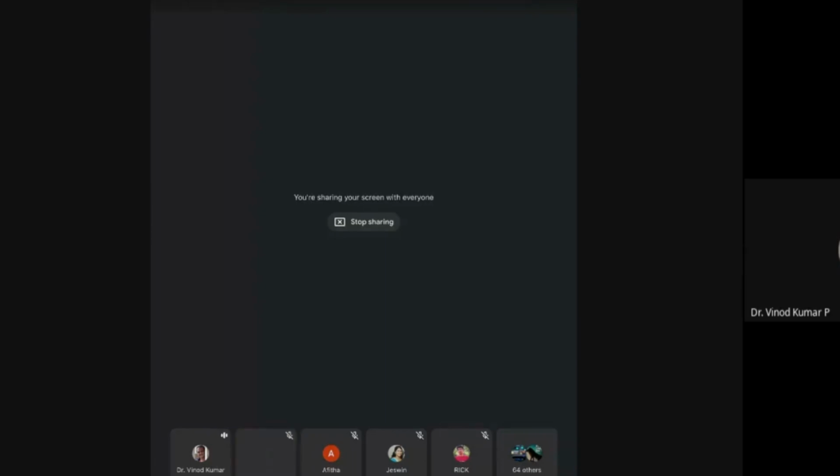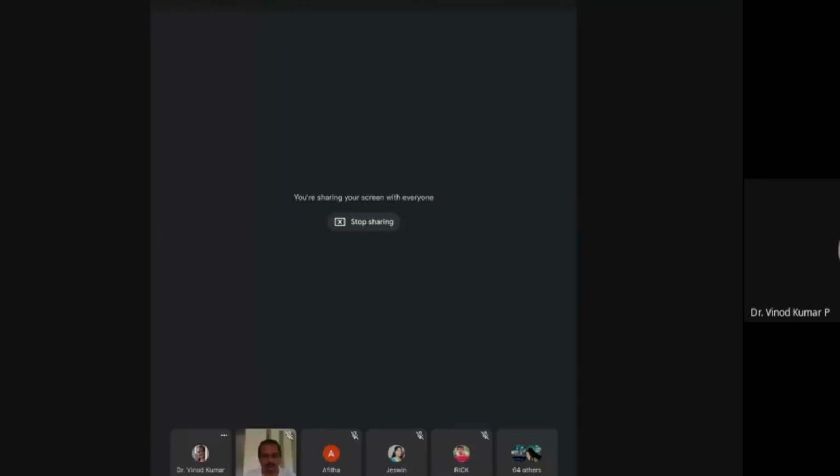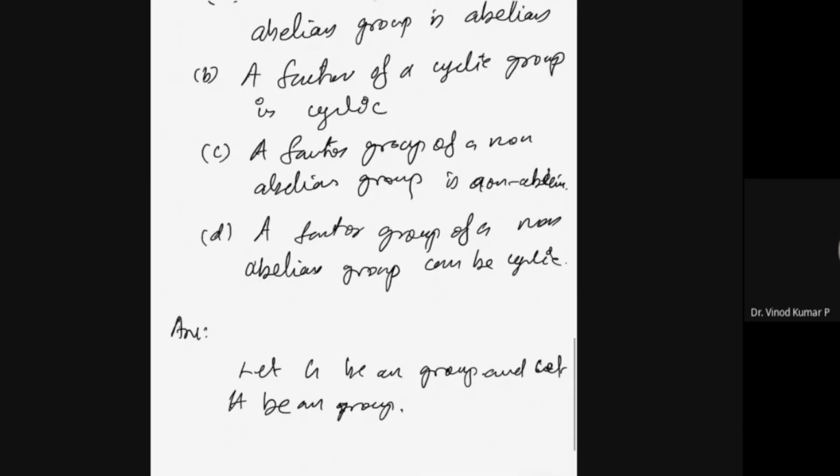Somebody has written A, B, and D. It will be helpful if we can read the answers in the text box, if you are not able to see the chat box during the presentation. Okay, I will inform you.